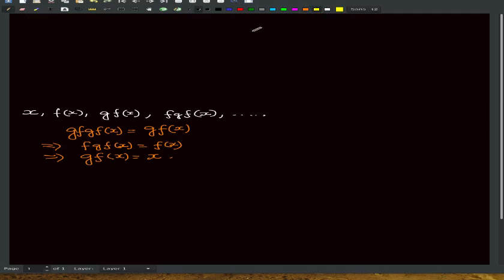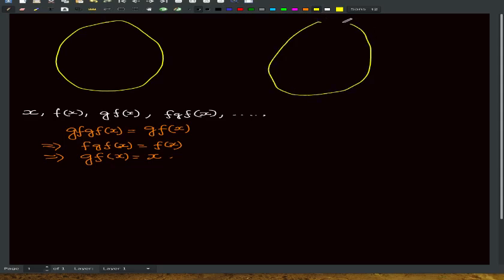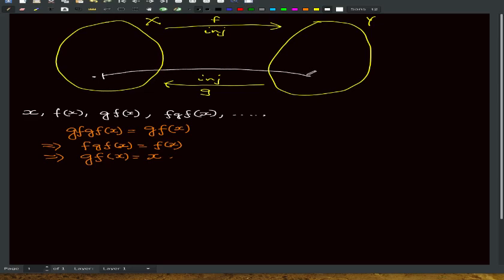One scheme looks like this: you start here, go to something here, and you come back here.